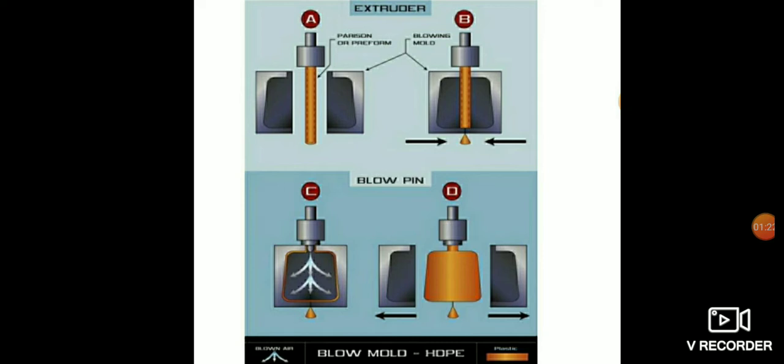Extrusion blow molding can be classified into two major categories: continuous extrusion and intermittent extrusion. Intermittent extrusion is further subdivided into reciprocating screw, ram, and accumulator parison extrusion. Continuous extrusion has the heated parison being continuously extruded.